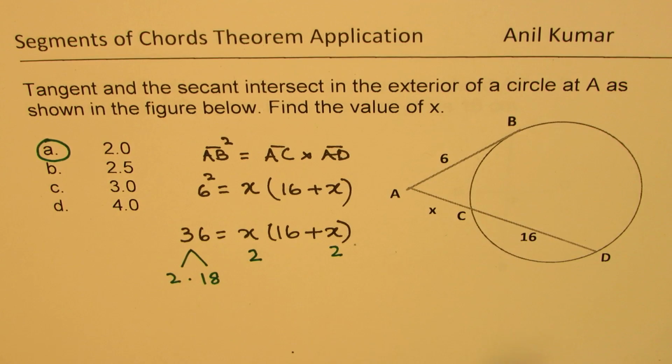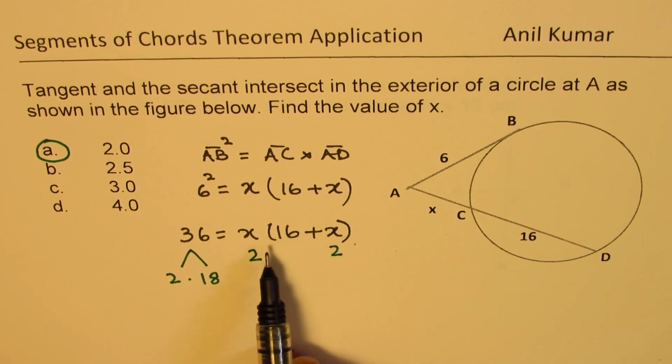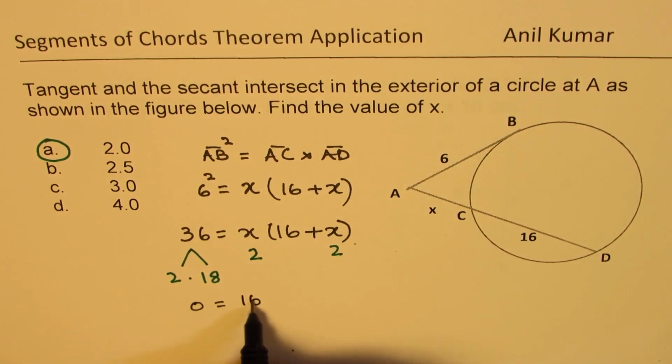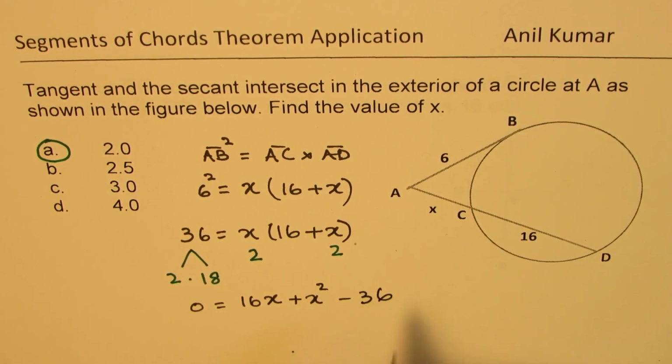Or you could continue with the expansion of this and solve the quadratic. That is to say, 0 equals 16x plus x square minus 36.